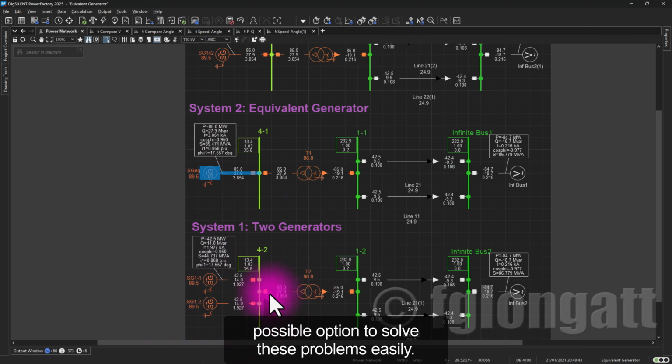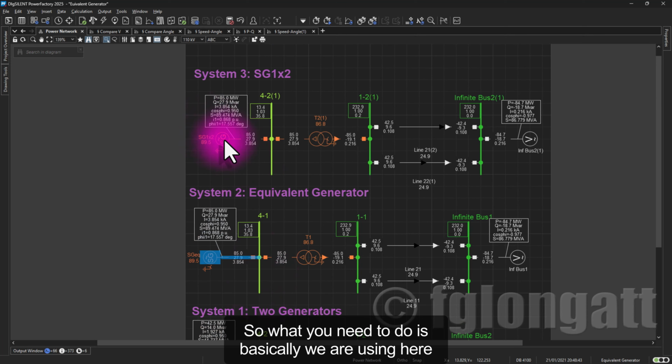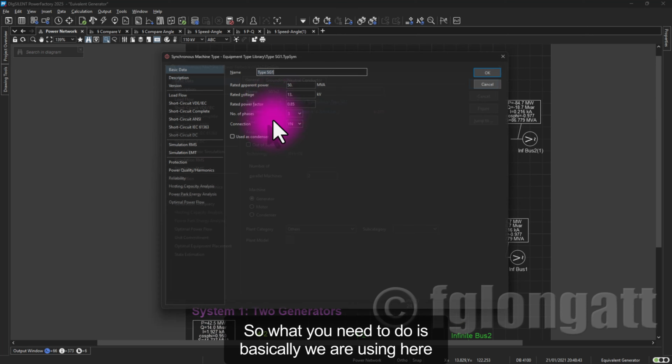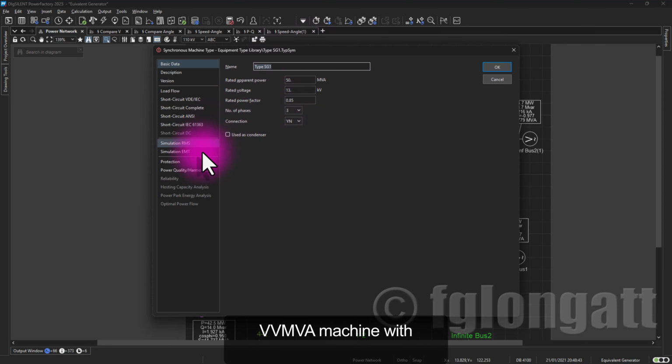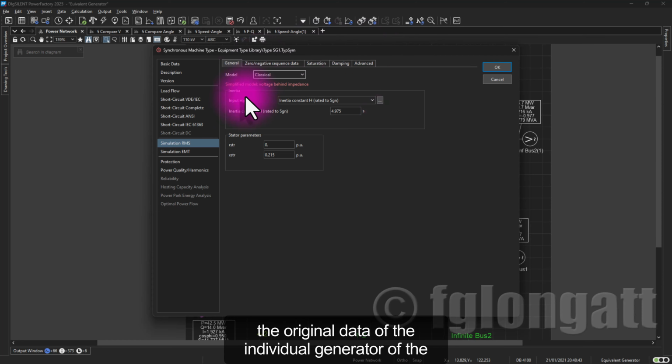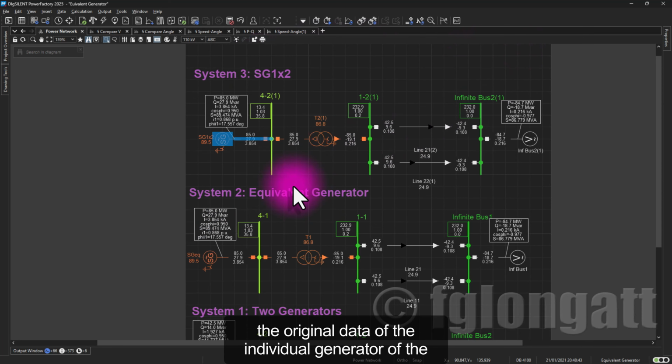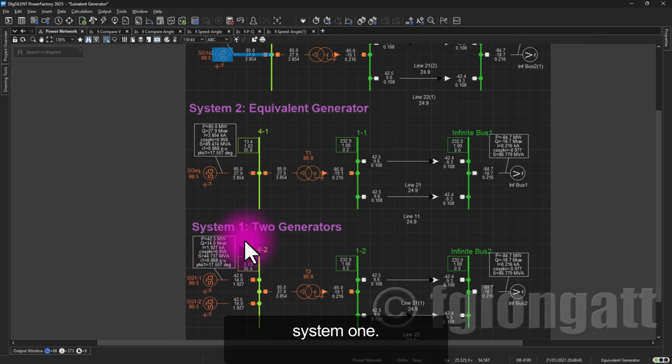What you need to do is basically use here a 50 MVA machine with the original data of the individual generators of the system one.